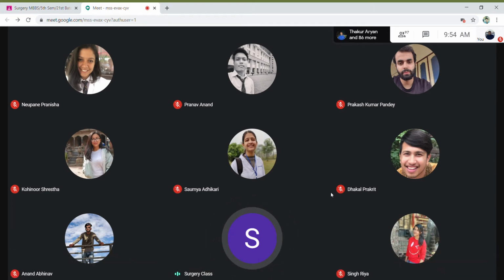So, there are basically two types of stones, as I mentioned, cholesterol stones and pigment stones, and lastly, mixed type. More than 80% of the gallstones in the United States, we should say, because in our context, the maximum gallstone we are getting is of mixed type. But in the United States, more than 80% are of cholesterol type.